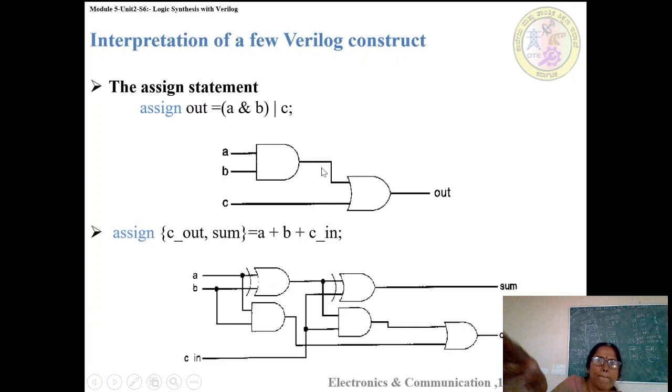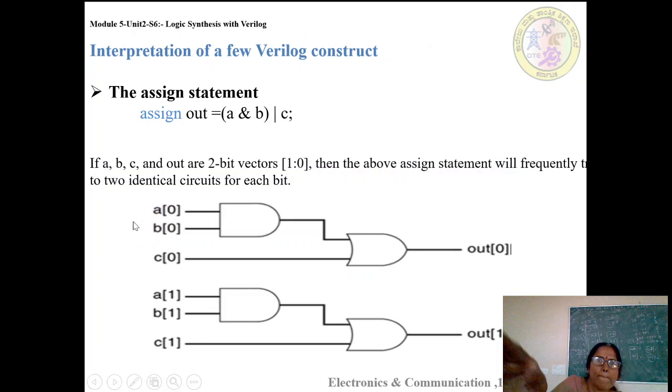See here how it is going to interpret. Suppose A, B and out are two-bit vectors, then it assigns to the two bits A[0] and A[1] also.